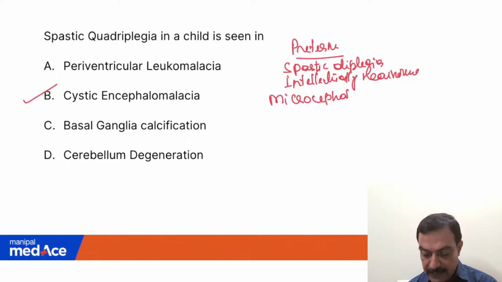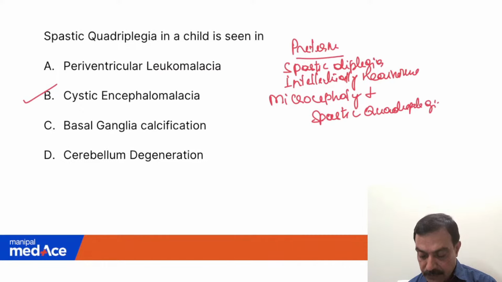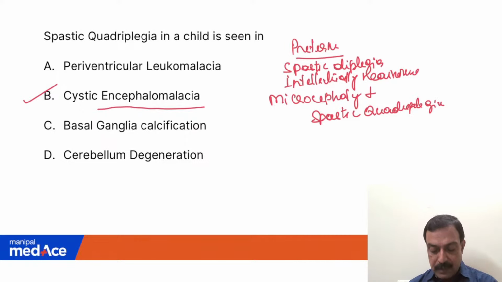So microcephaly and spastic quadriplegia always go together, and the underlying neurological malformation is a cystic encephalomalacia.